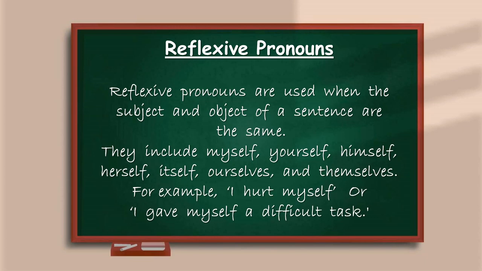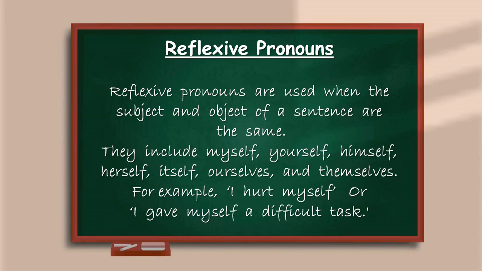Reflexive pronouns. Reflexive pronouns are used when the subject and object of a sentence are the same. They include myself, yourself, himself, herself, itself, ourselves, and themselves. Now our and them are both used for plural. That is why at the end we are not using self, but we have to use selves.